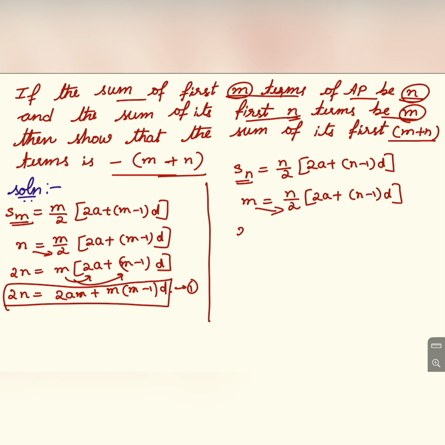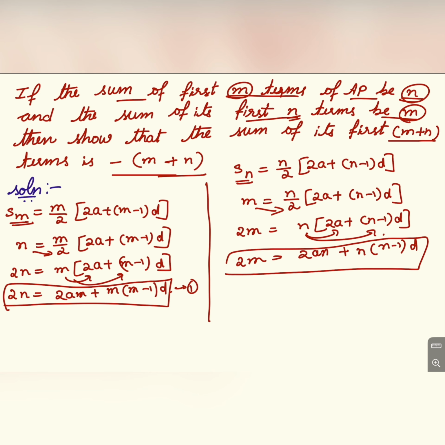Cross multiplying, 2m is equal to n into 2a plus n minus 1 into d. Multiplying both the terms with n, 2m is equal to 2an plus n into n minus 1 into d. Now let us take this as equation 2.